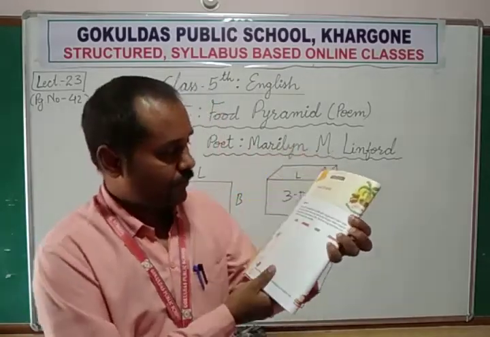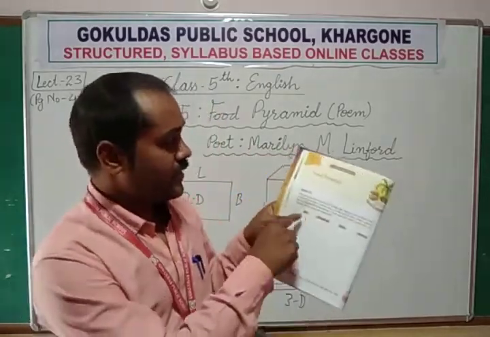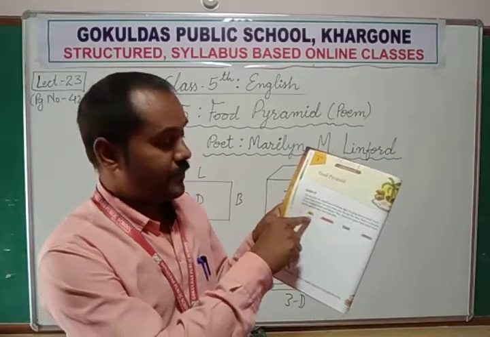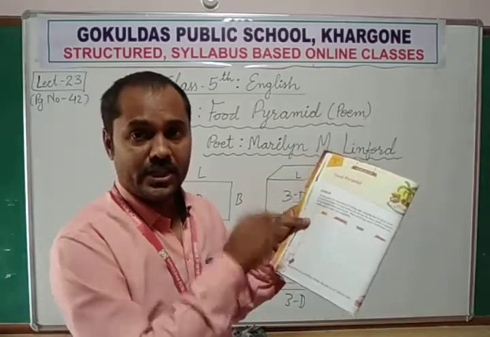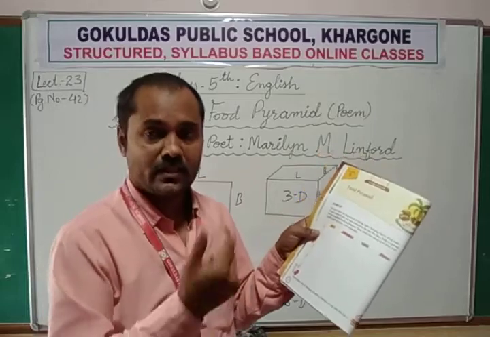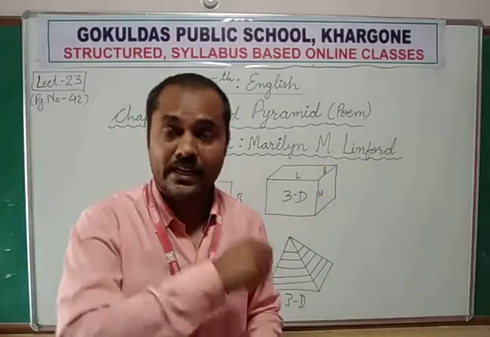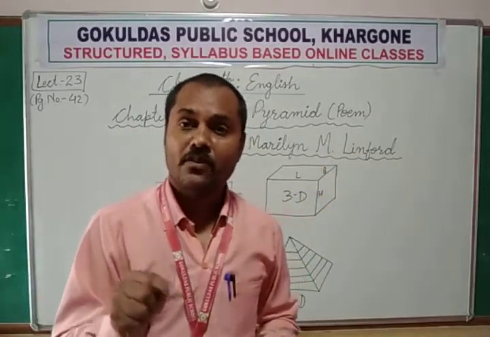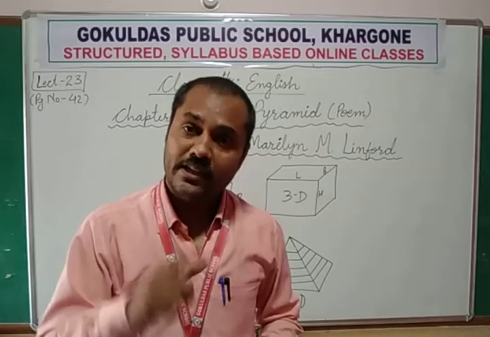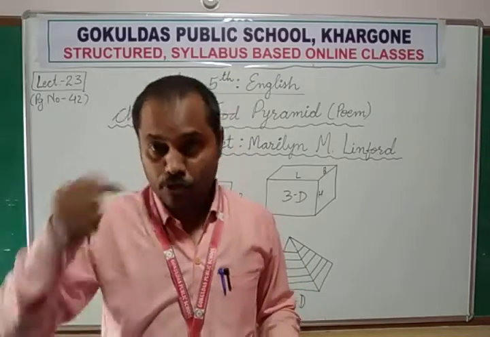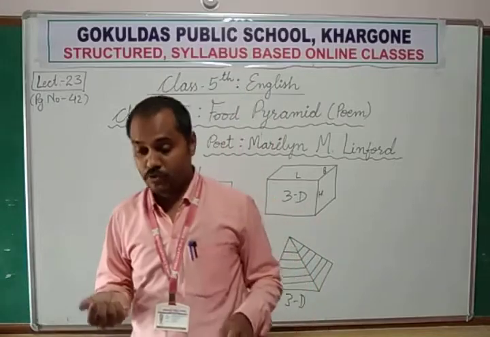Now what are the top headings of the chart? Day means Sunday, Monday, Tuesday, Wednesday, Thursday. These are the names of the days, but there are 7 days. You need to fill only what? Only 5 days, the last 5 days. Suppose today is Wednesday.